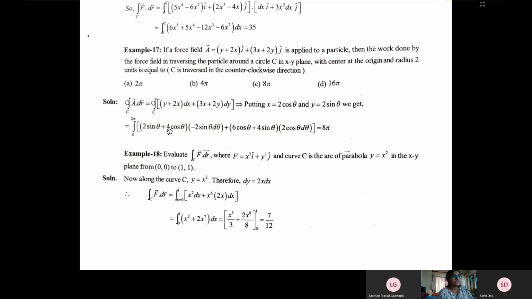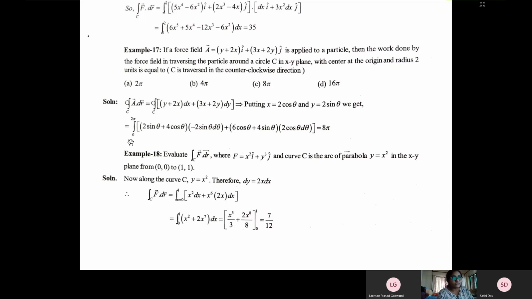Just put the values in place of y and x. That is y will be 2 sin theta, x will be 2 cos theta, and dx will give you minus 2 sin theta d theta because you differentiate 2 cos theta, and dy will be 2 cos theta d theta because you differentiate with respect to theta.